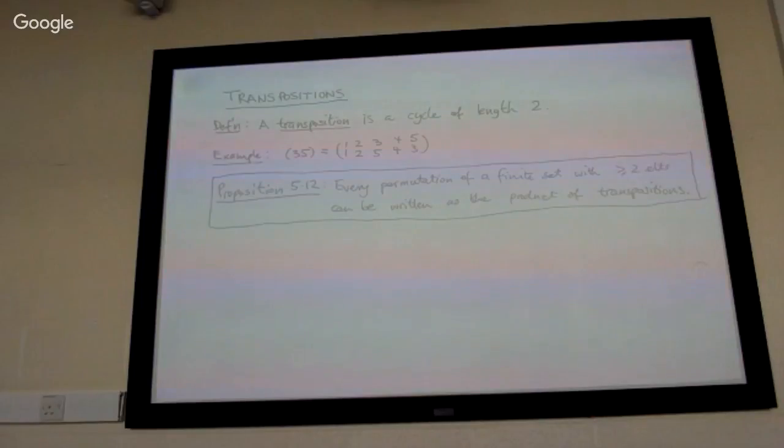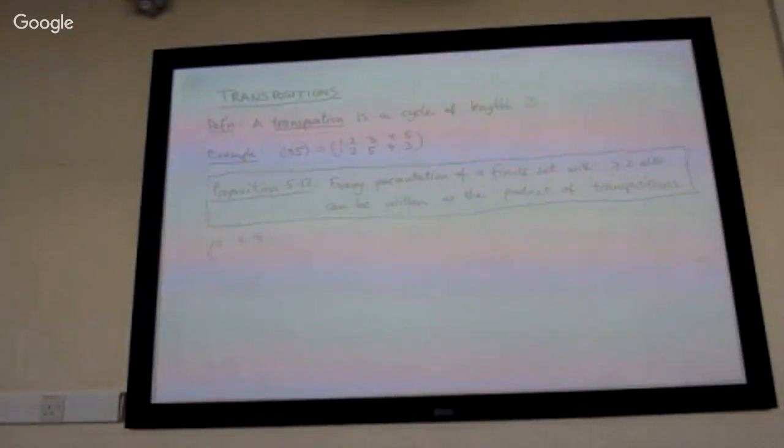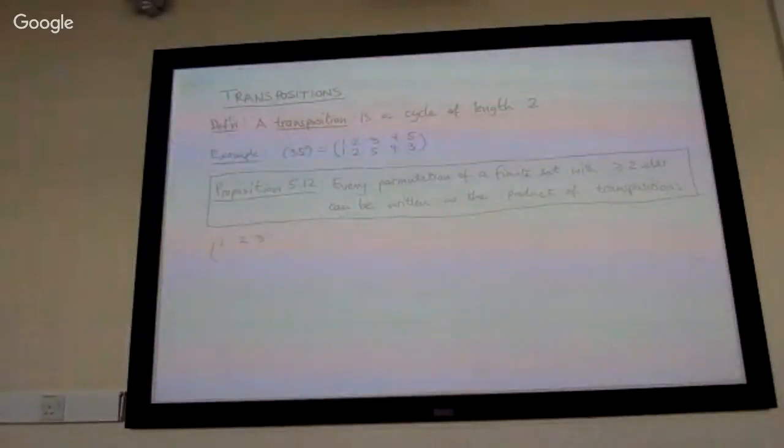Okay, why is that? So let's have a look. (1 2 3), which sends 1 to 2, 2 to 3, 3 to 1. So this is in the cycle notation. It's (1 2 3).